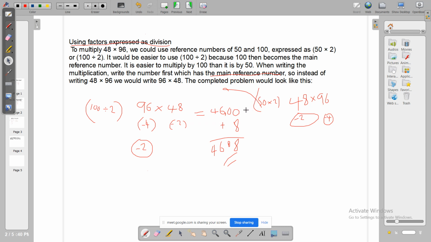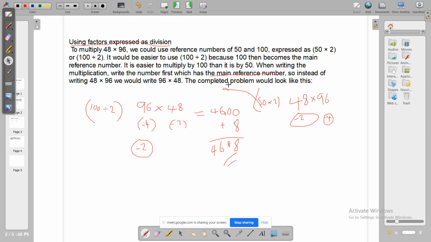So now, because we are using 2 reference numbers, we don't need to do crossway. We only do crossway when we are dealing with 1 reference number. So you multiply the number that's going for the main reference number by the second reference number here. So 2 times this, you watch the sign. When it's multiplication, you multiply. If it was division, you divide. So now this is multiplication.